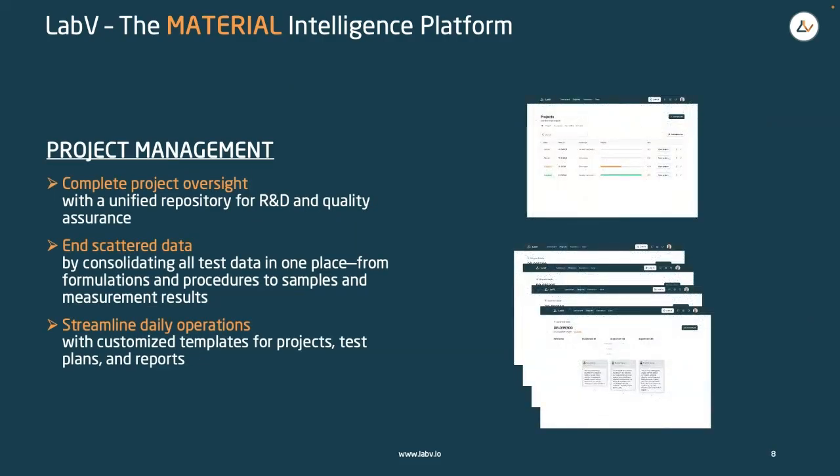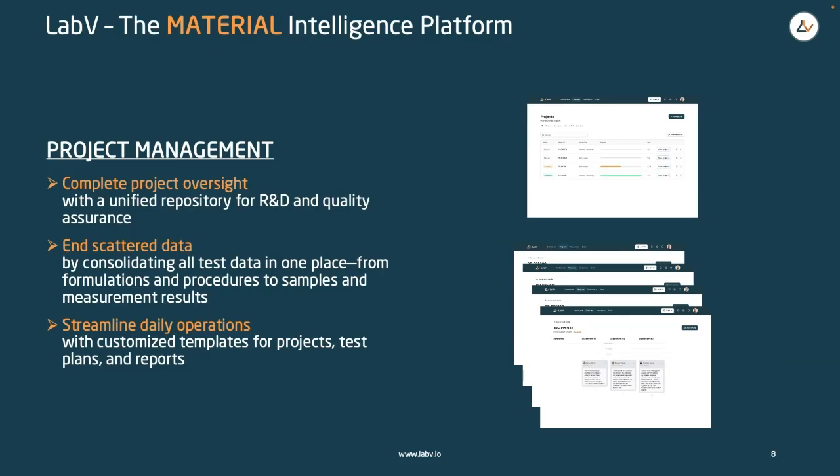So let's dive a little bit deeper into the first one. Project management is something we understand as the one core, central place, where you have the complete visibility into all your projects at any time. It's a unified project repository. It's optimized for both R&D and also quality control.